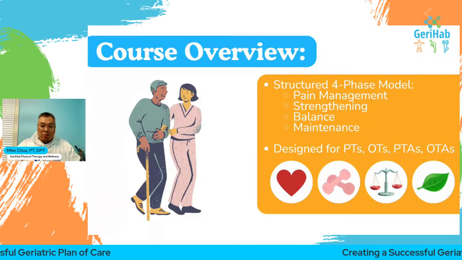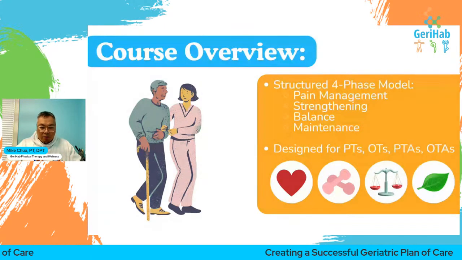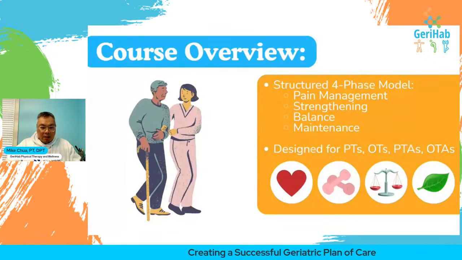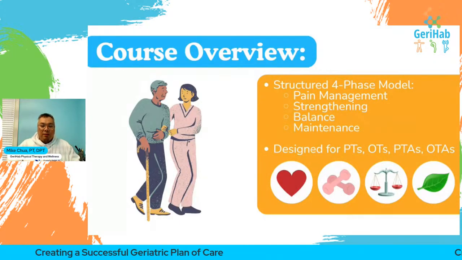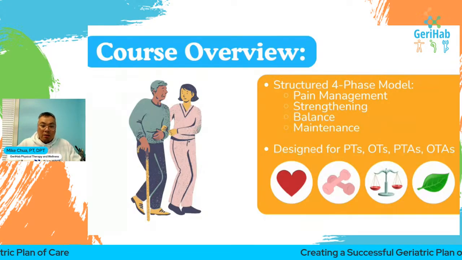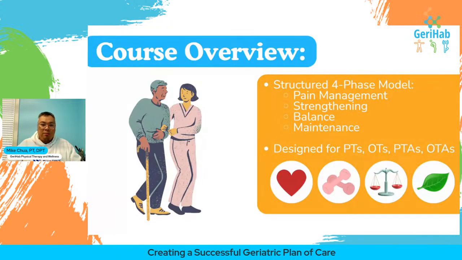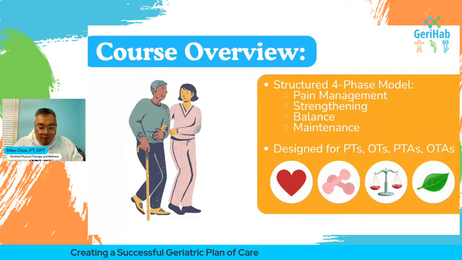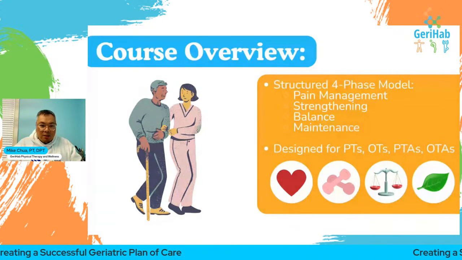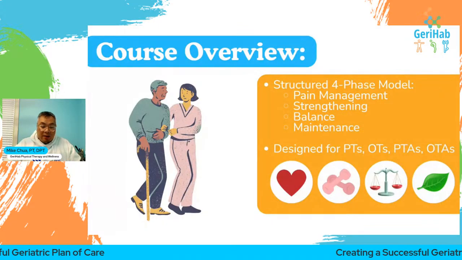Medicare would like to tell us, hey, maintenance therapy is the way to go. You need to take care of our patients. But on that same note, we need to have a structured plan of care. We don't just say we're seeing the patient X amount of visits, and then we cannot justify that.